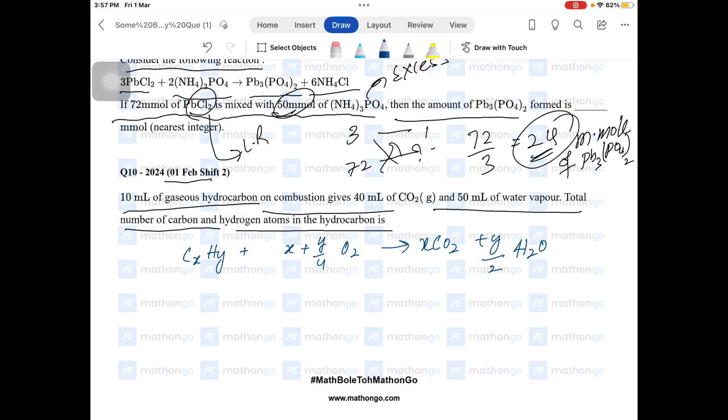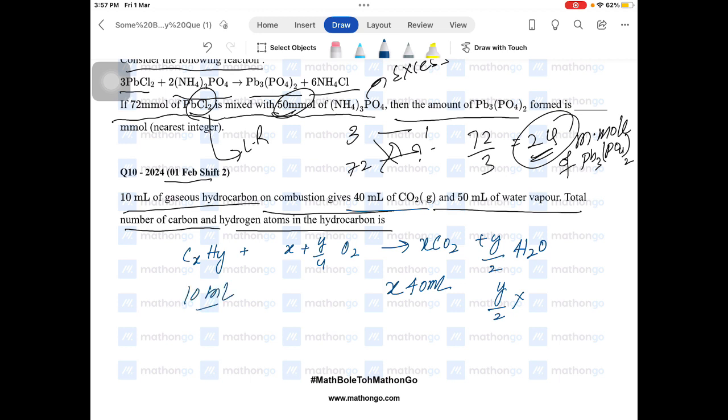Now here 40 ml of carbon dioxide, that is x.